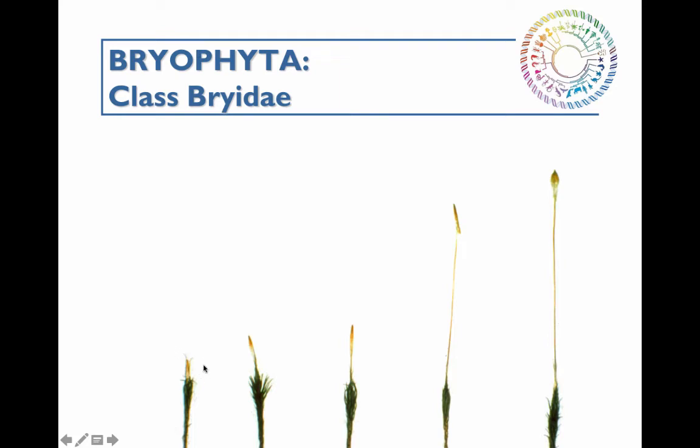Now what you're looking at in that brown structure on the left-hand side is not actually the sporophyte itself. That brown structure is actually the archegonium. Because if you remember, the archegonium grows and expands to surround the young developing sporophyte. So the sporophyte is protected by the archegonium.